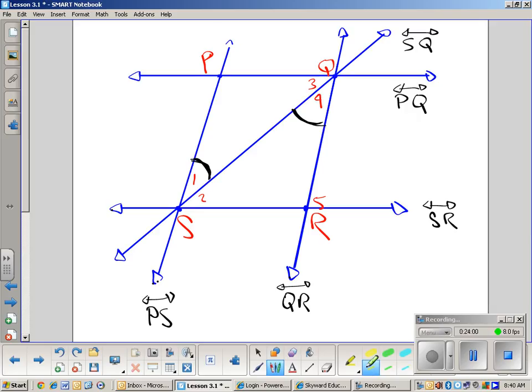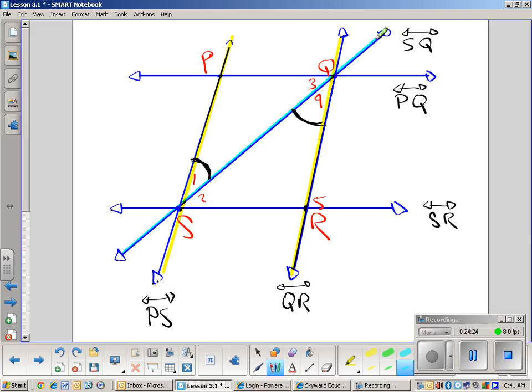Line QR is this one. Line PS was this one. I hope you said there. I wasn't sure which your second one. And then what transversal? SQ. Line SQ. Let's use a different color for that. So there's our transversal. Okay?